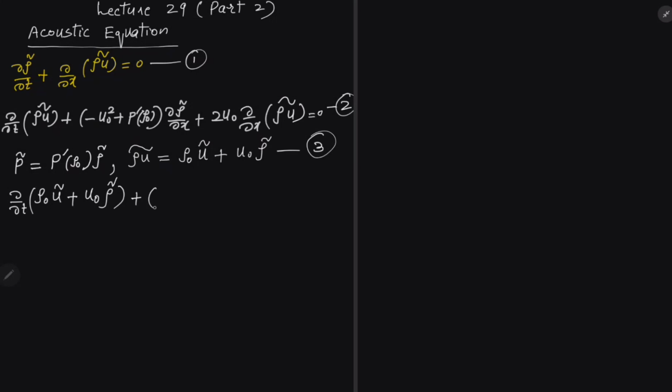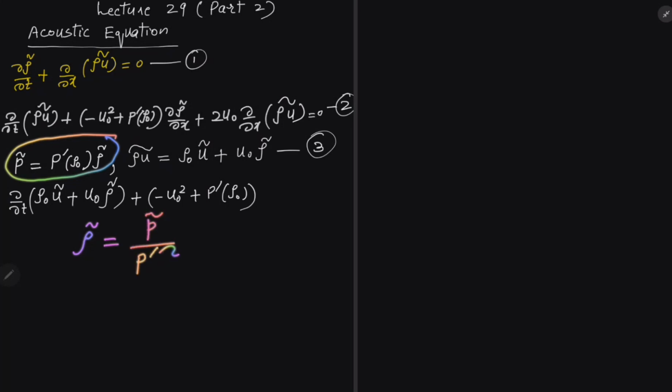plus minus u naught square plus p dash rho naught, and we know that rho tilde is given over here, and we can find rho tilde is equal to p tilde divided by p dash rho naught.